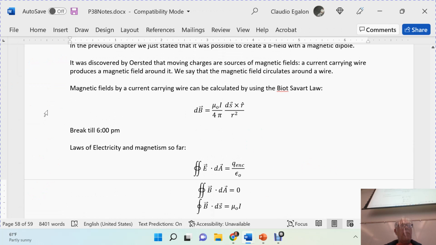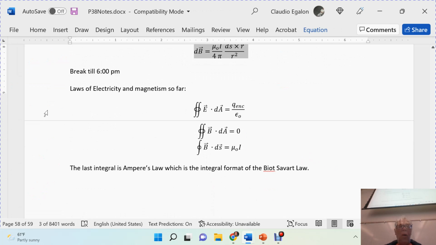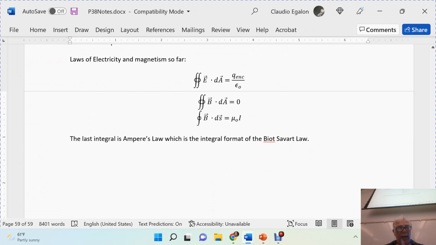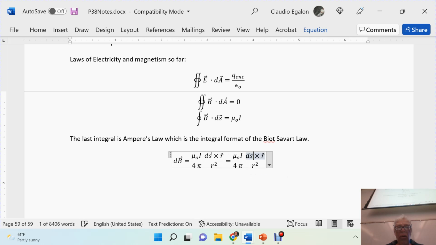You know, some problems you use the Biot-Savart law, some other problems you use the Ampere's law to calculate the magnetic field, okay? So here you go, goes like that. ds cross r hat is going to be ds in the z direction.